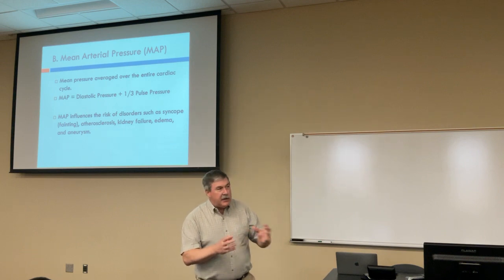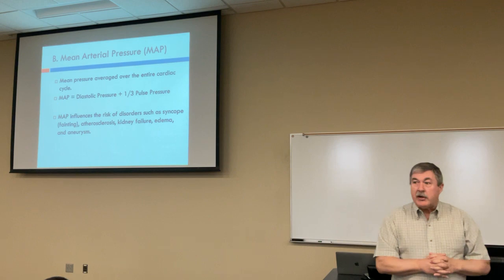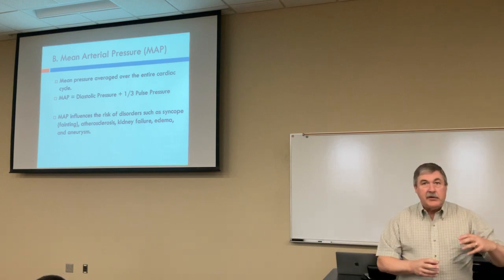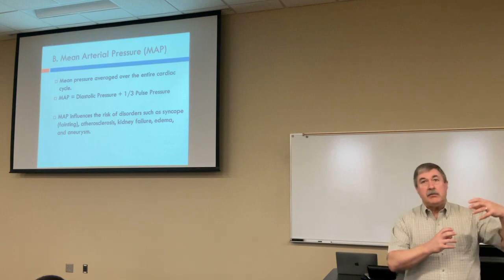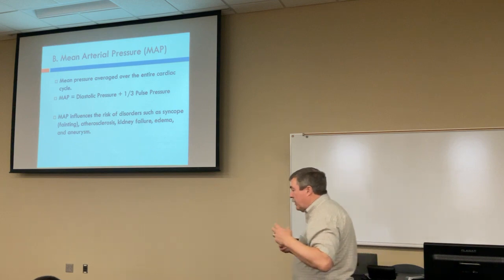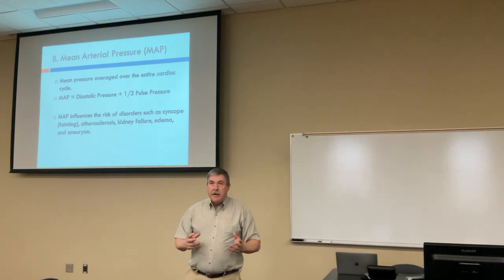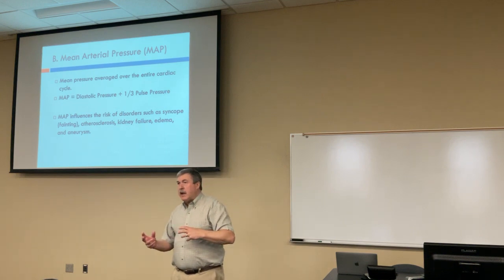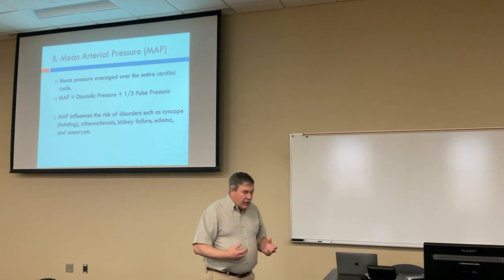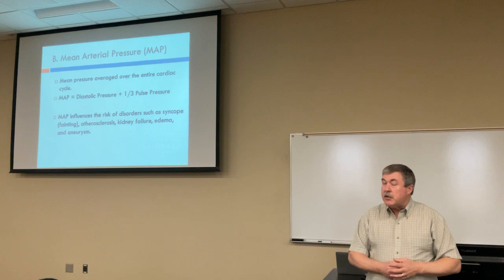And if any of you are doing experiments in lab that are involving blood pressure, that may be something you may want to do. Instead of recording systolic pressure, well, you're going to want to record systolic and diastolic pressure. But if you're looking at a factor that might affect that, rather than separately analyzing the systolic pressure and the diastolic pressure to see if there's any change, you may want to convert the systolic and diastolic pressure to the mean arterial pressure.